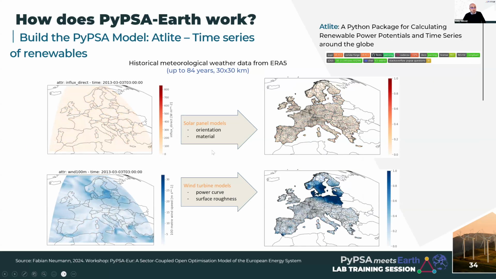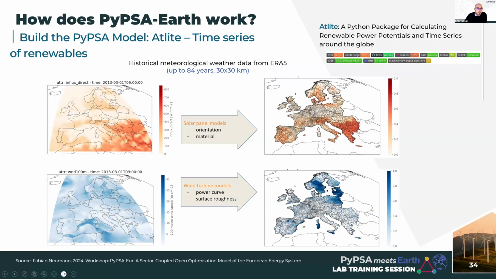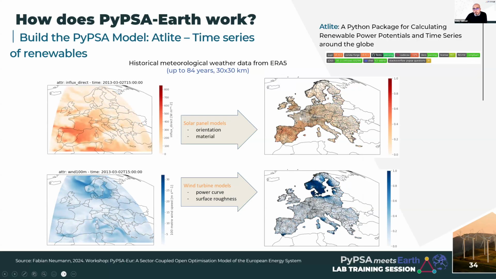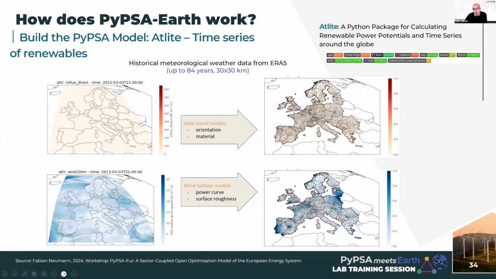So this is how, for example, the influx is transformed into those regions. And this is a time series. That's why you can see the time series for, I guess here, I'm not sure, 1 day, what happens with the solar and wind, and all of these are fed into the model.